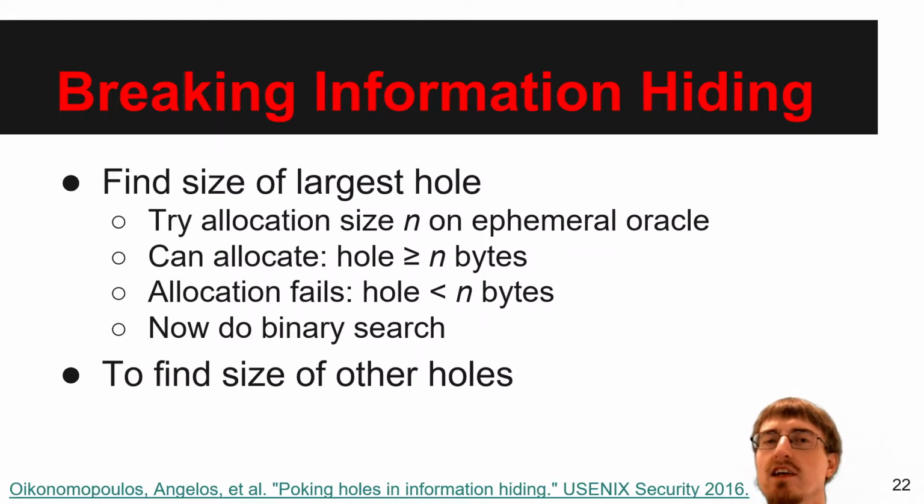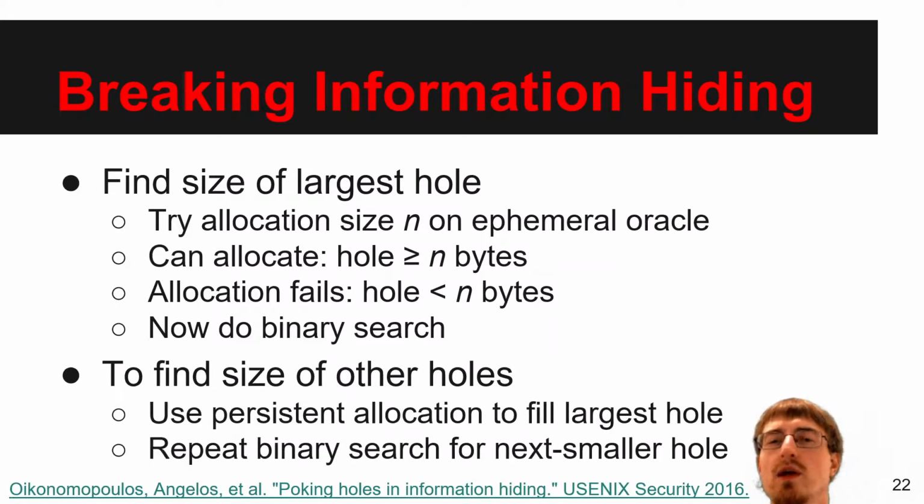Now, to find the size of the other holes, this is where we use the permanent allocation oracle. So we perform a permanent allocation which fills exactly the largest hole that we just discovered, and now we perform the binary search again for the next smaller hole.